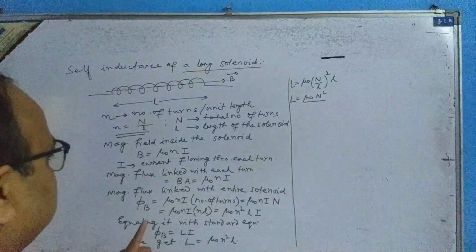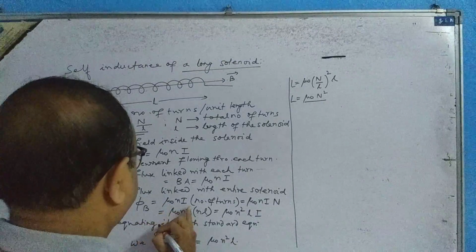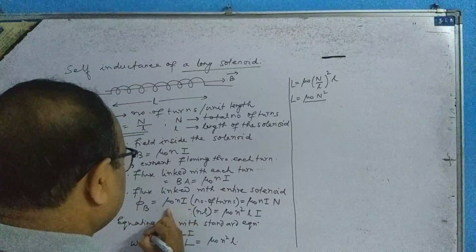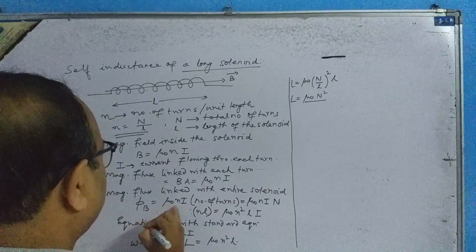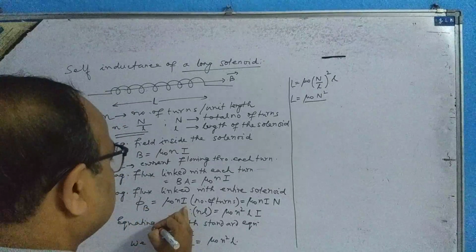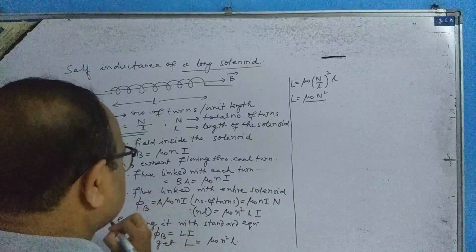Sorry, just a minute. I think one term is left, that is A. Just a minute, students. Phi B is equal to mu naught n I into, definitely A should be there, A into this value.